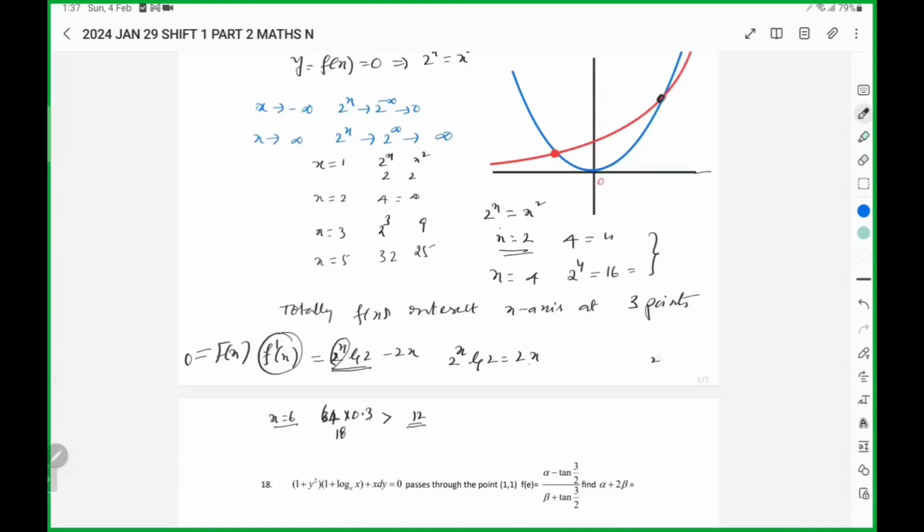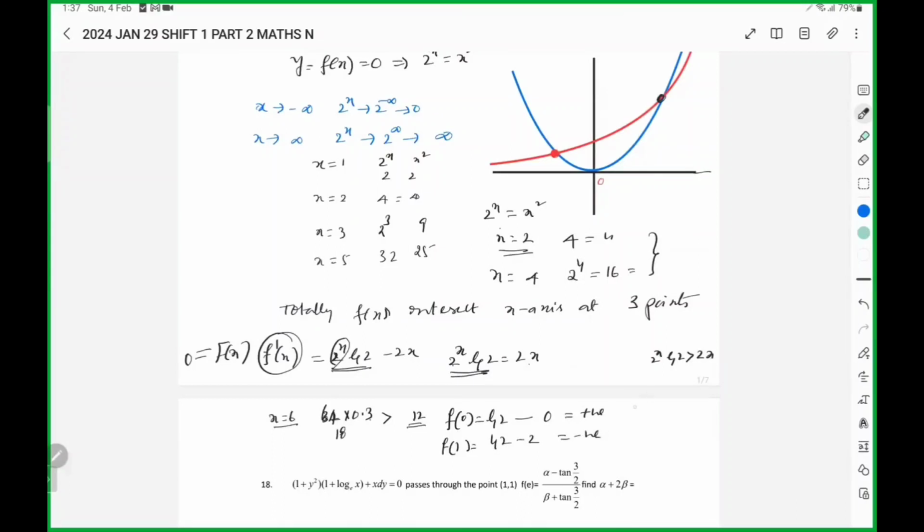So 2 power x is strictly greater than 2x. But here, of 0 you take, left hand side is log 2, right hand side is 0. The difference will be positive. F of 1 you take, log 2 minus 2, the difference is negative.